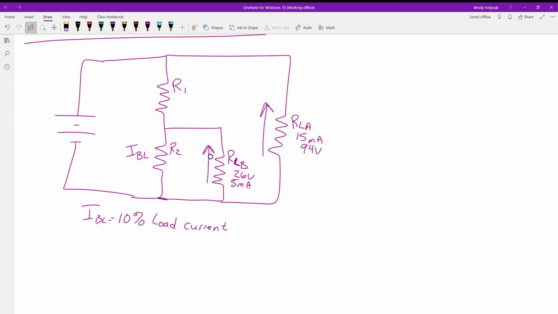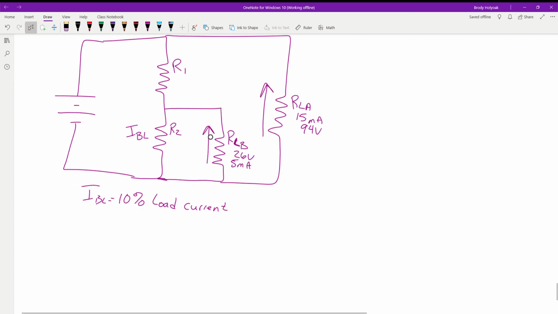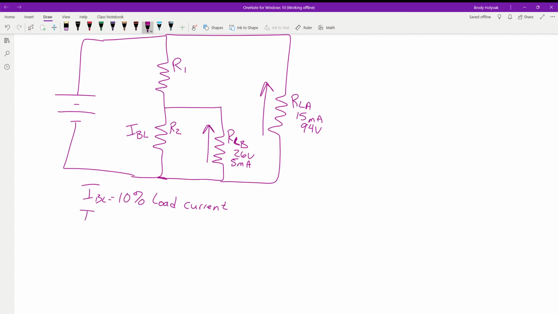So to start with, what is our IBL? Two milliamps, because we have 20 milliamps as our load, and we take 10% of that. So now that we have this assumption, we know we have 2 milliamps at that point.